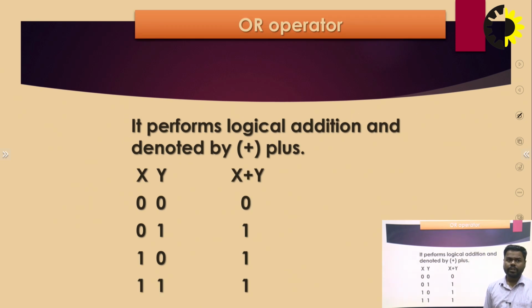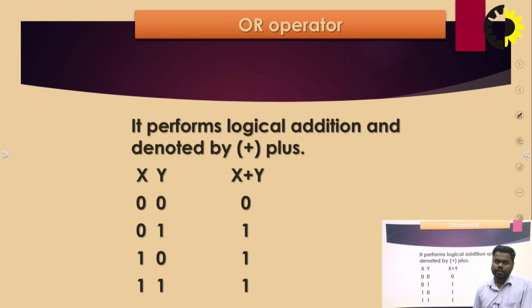Now the OR operation. The OR operation performs logical addition and is denoted by the plus sign. For x and y, x plus y: false plus false is false, false plus true is true, true plus false is true, true plus true is true.